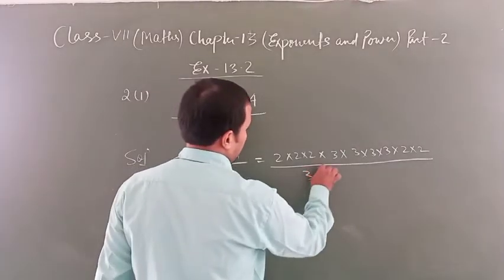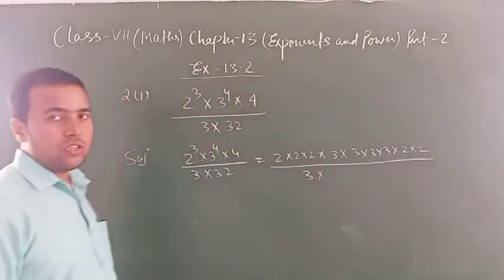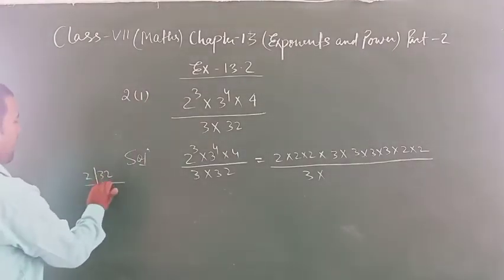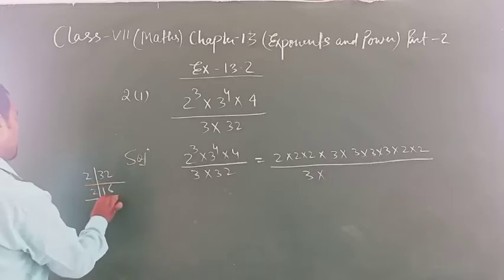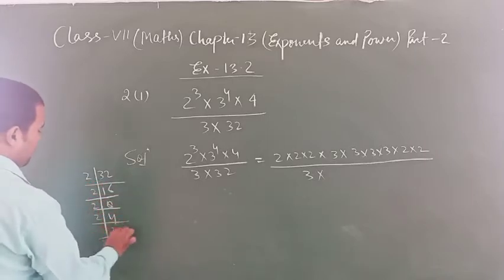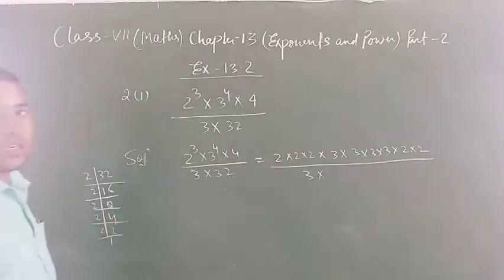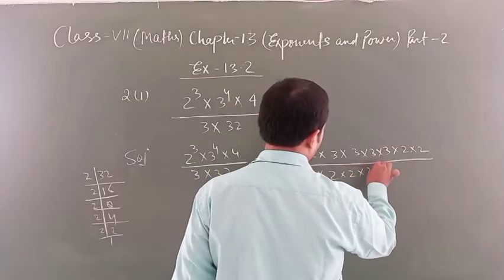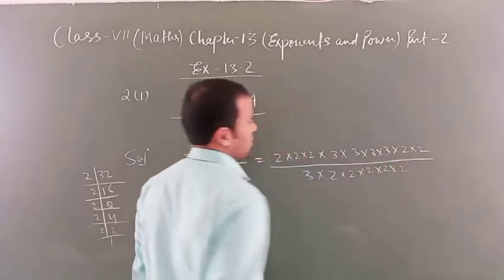Now 32. Find the factors of 32 by dividing by 2: 2, 4, 8, 16, 32.